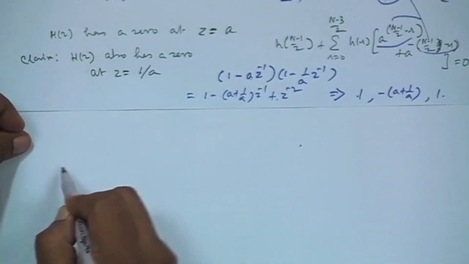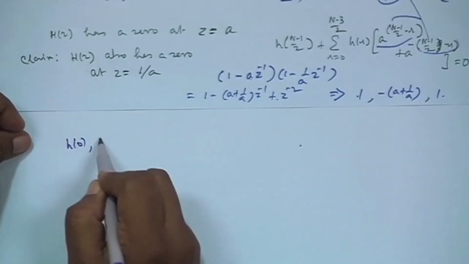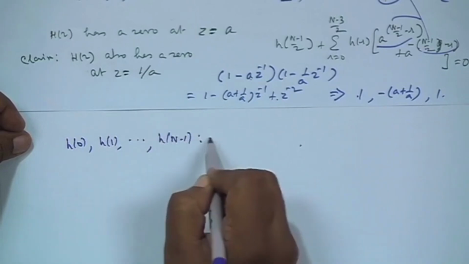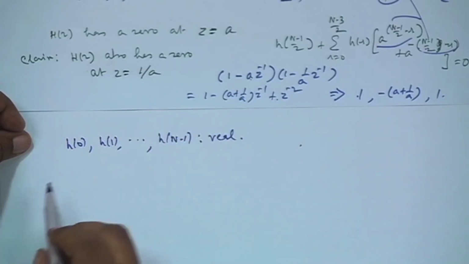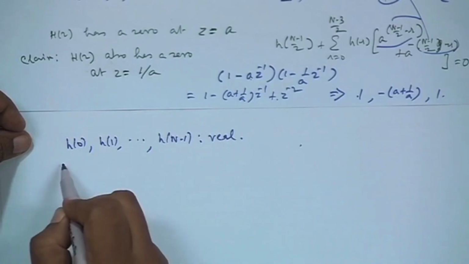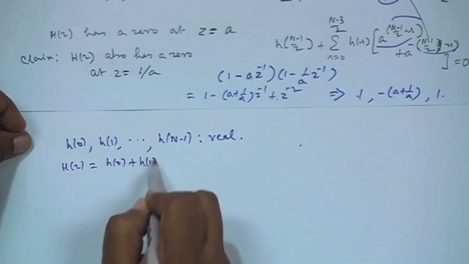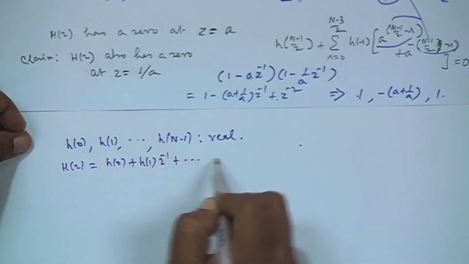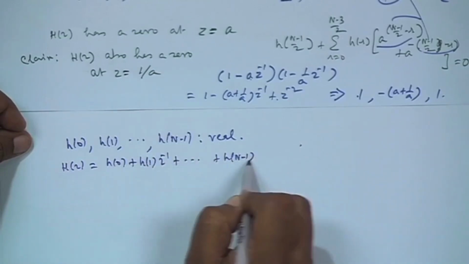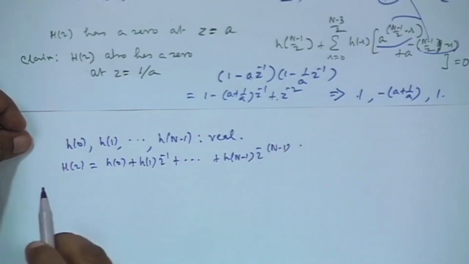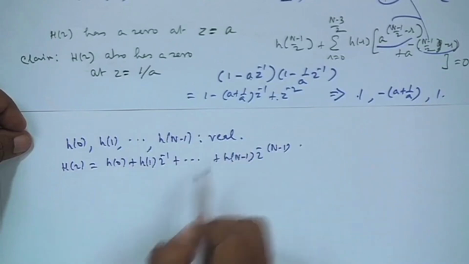That is, suppose H 0, H 1 up to H n minus 1 are all real. Then H z is H 0 plus H 1 z inverse plus and so on. They are all real.